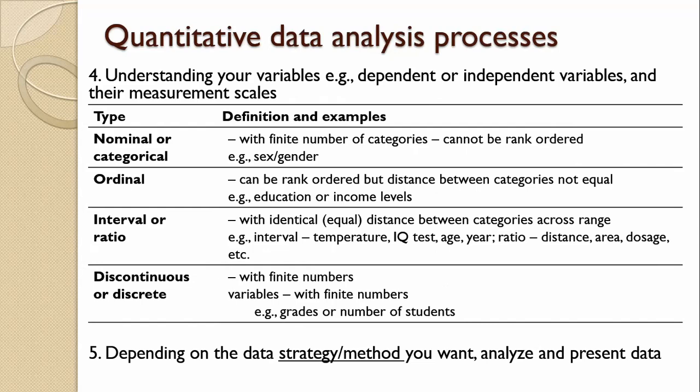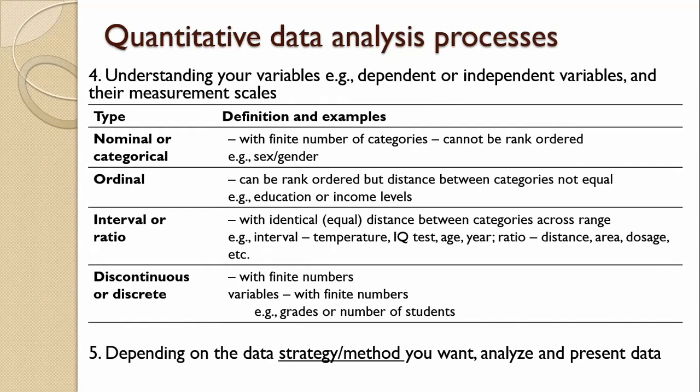So, for instance, education levels or income levels of participants. You have interval or ratio, with identical and equal distance between categories across the range. So you have, for instance, intervals in terms of temperatures, 60 to 70 or 70 to 80.